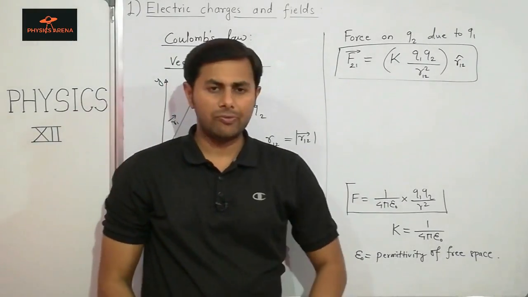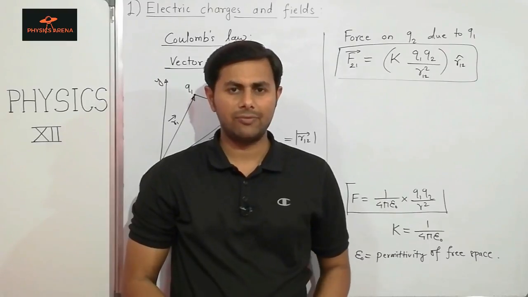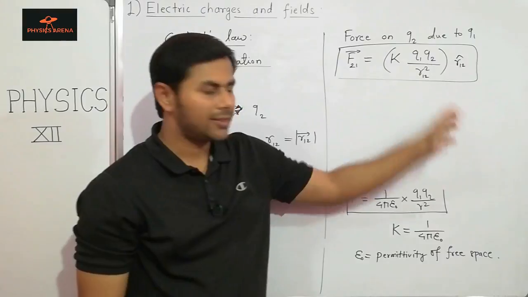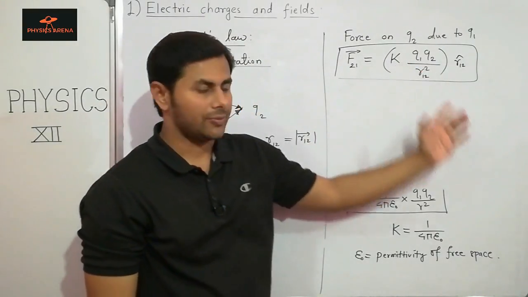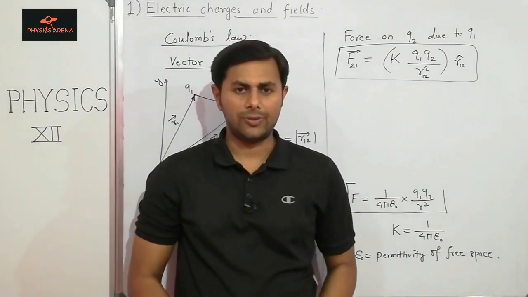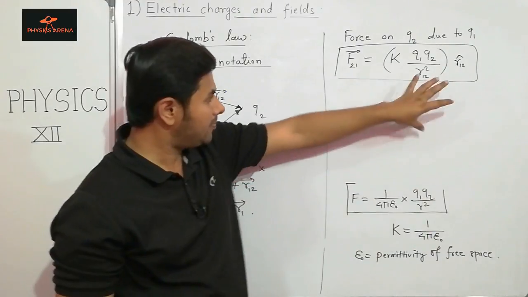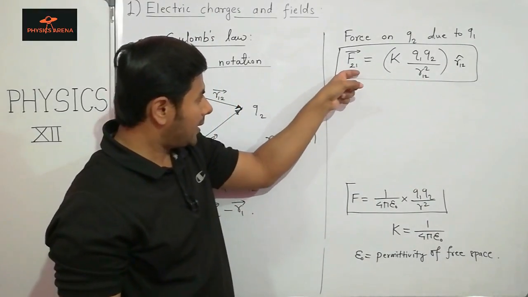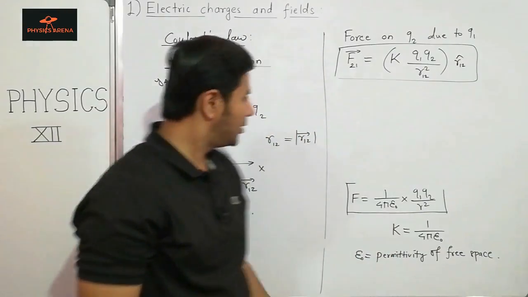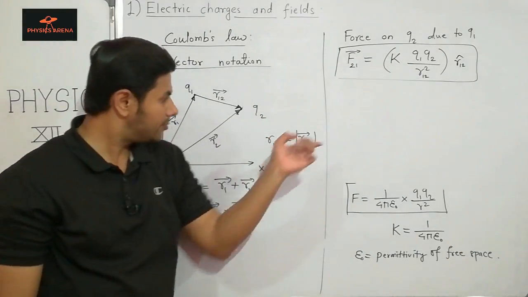Now whether this force will be attractive or repulsive, the sign of the charges will take care of that. Suppose the charges are positive, or the product of the charges is positive. So this factor is positive. It means that F bar will be some multiple of the vector r12, so it will be directed in this direction r12.